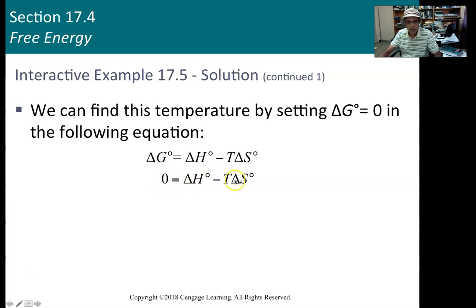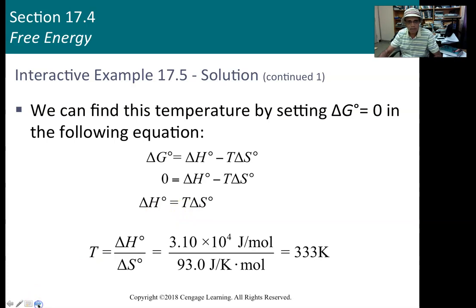Now we have the two values here, this delta H and delta S from the question. Let's rearrange that. That will give you this, and substitute in the numbers and you get this value. Notice that the temperature that you get from here is in Kelvin.